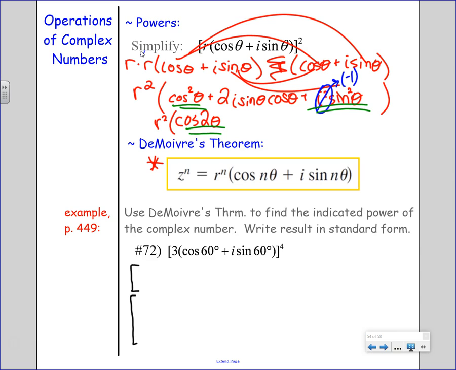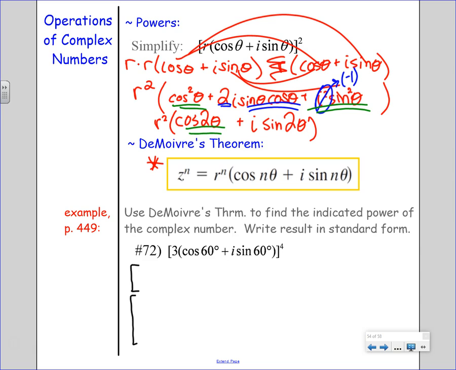And if I look at the 2 sine theta cosine theta, that was a double angle also. Anybody remember which double angle? It's sine, and not squared though. Yeah, sine 2 theta.